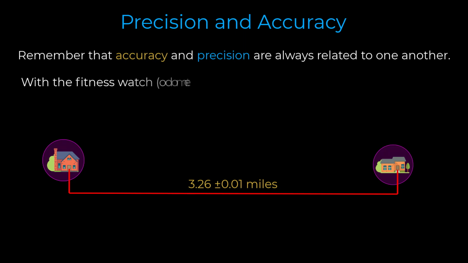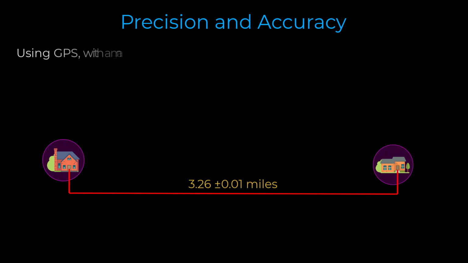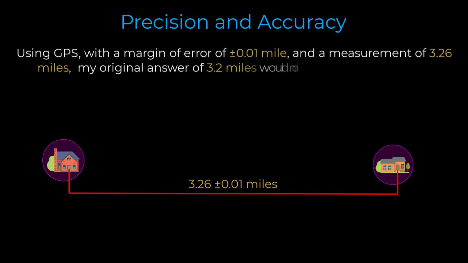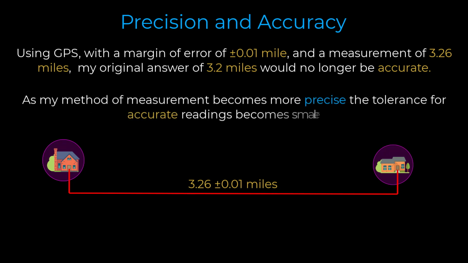When I used my fitness watch, the precision was plus or minus 1/4 of a mile, and my measurement of 3.2 miles was accurate. Using GPS with a margin of error of plus or minus 1/100th of a mile and a measurement of 3.26 miles, my original answer of 3.2 miles is no longer accurate. As my method of measurement becomes more precise, the tolerance for accurate readings becomes smaller.